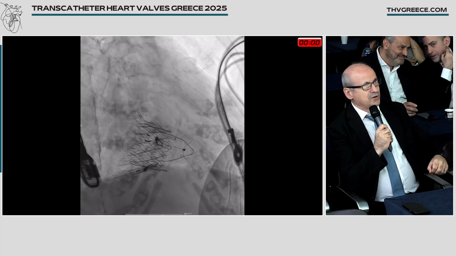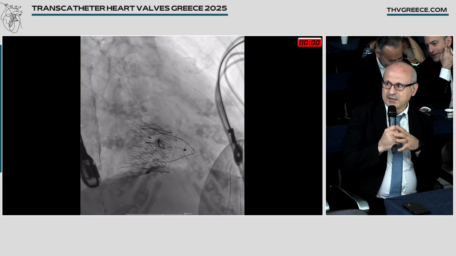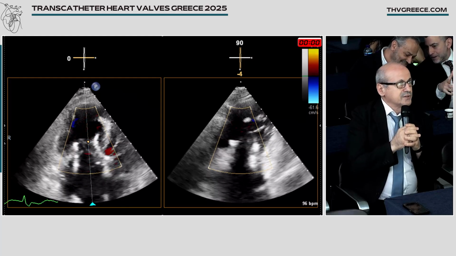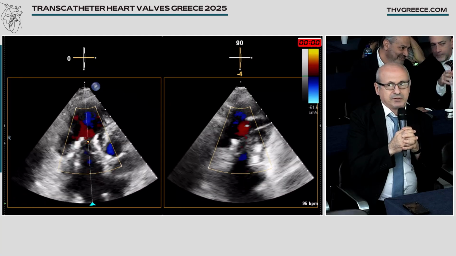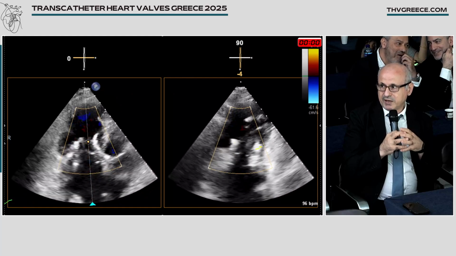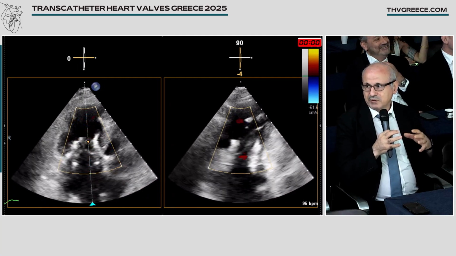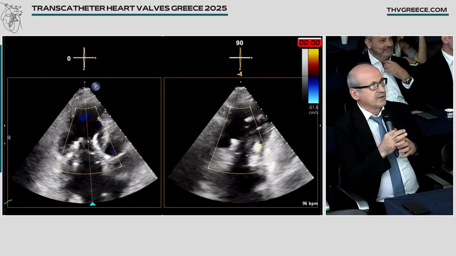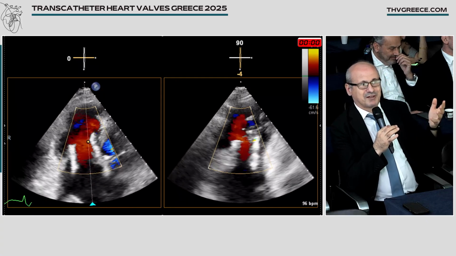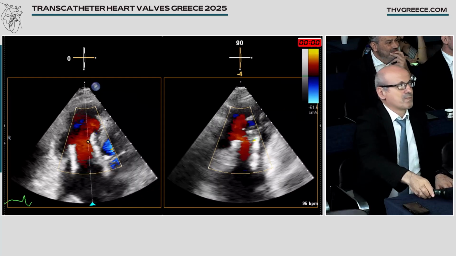But none of the 2 exerts a lot of radial force on the annulus, because they are not anchored like the aortic valve on the annulus. They have anchoring at other levels and with other manners. And because the annulus of the tricuspid valve is virtual, it's not a real annulus.